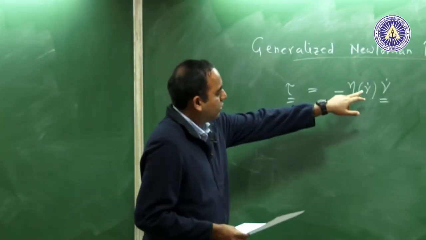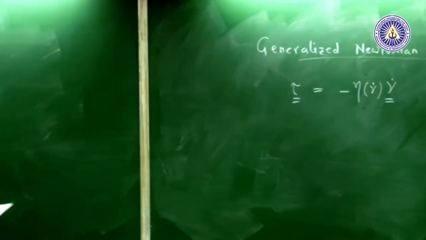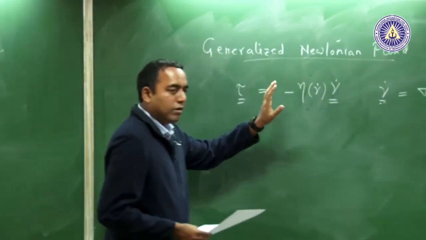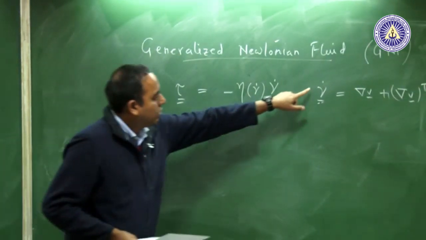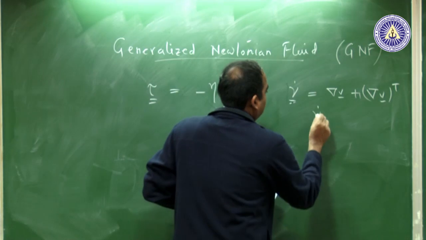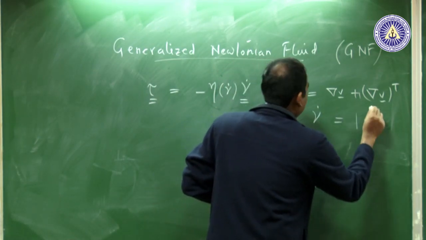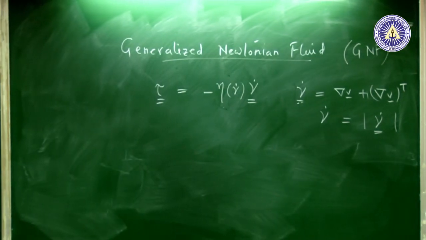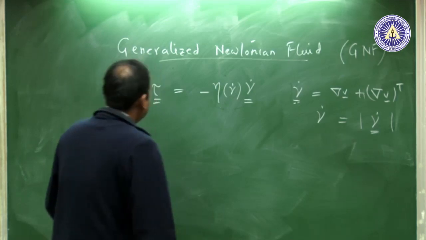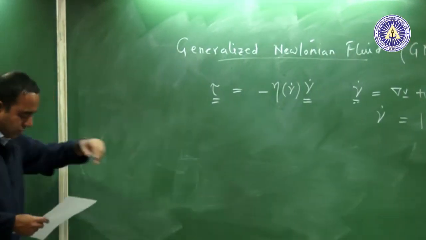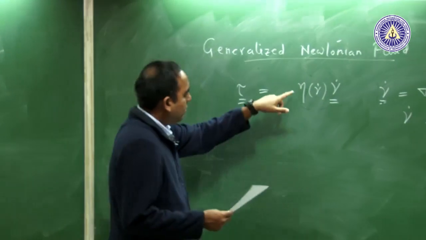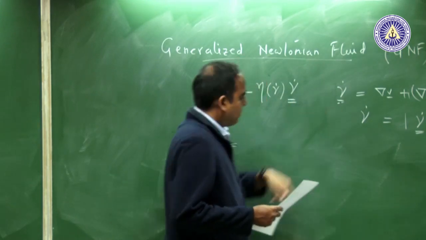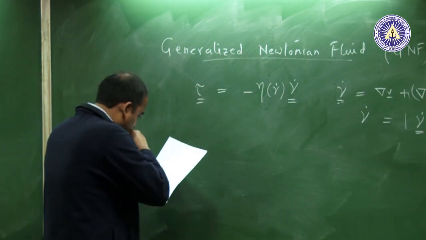Which means that for a steady shear flow, the usual simplest invariant that is relevant is this gamma dot, which is the magnitude of the rate of strain tensor. The magnitude is the double dot of the rate of strain tensor divided by 2, and then take the square root. So, this family of models is the data driven set of models, in which we have a viscosity which is a function of gamma dot, but this gamma dot is the magnitude of the rate of strain tensor. So, that is in summary the generalized Newtonian model.